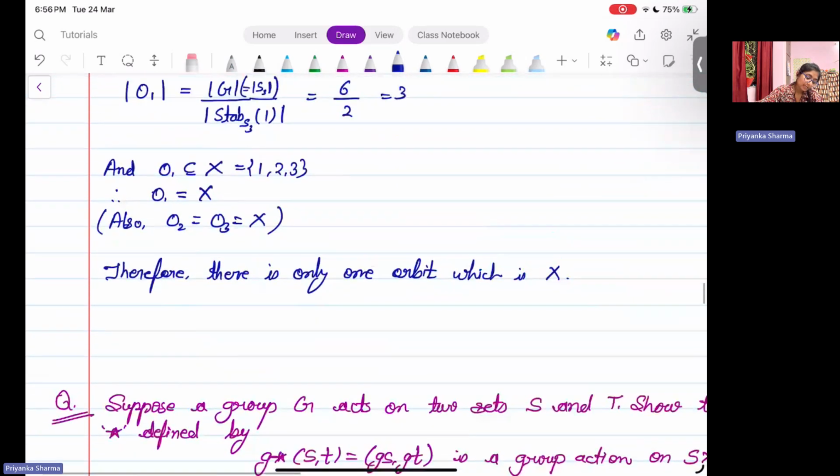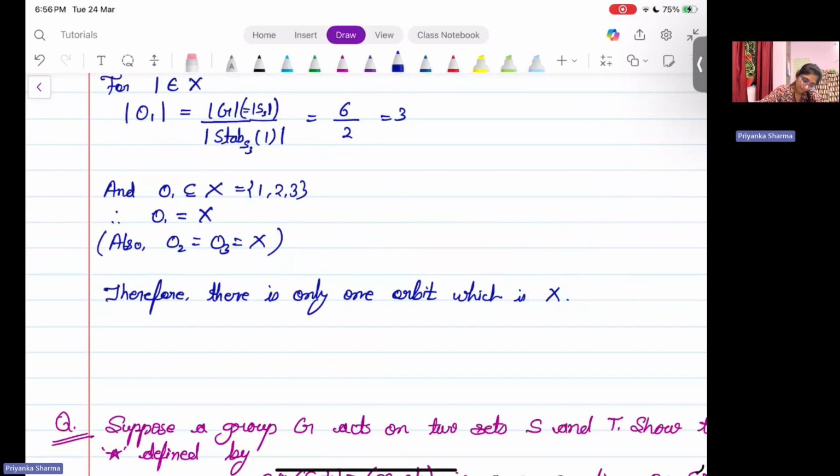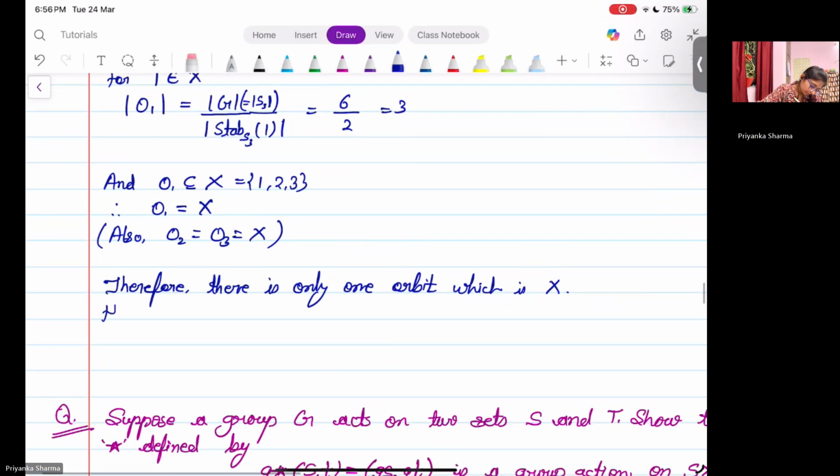Yes, this is the condition for an action to be transitive. As there is just one orbit, we can conclude that the action star is transitive.